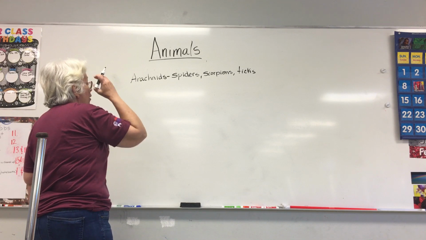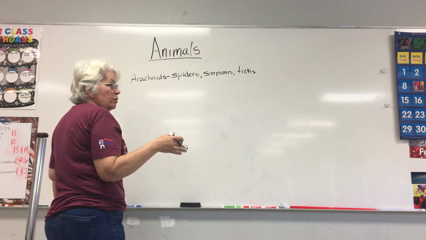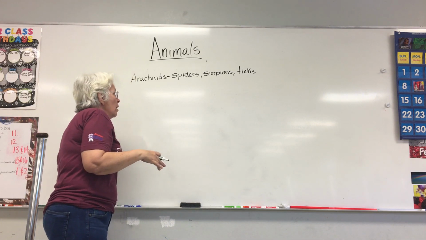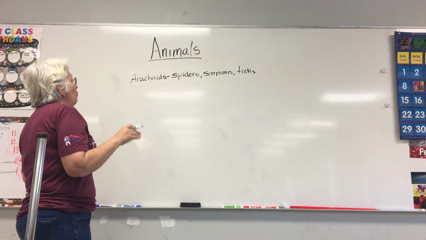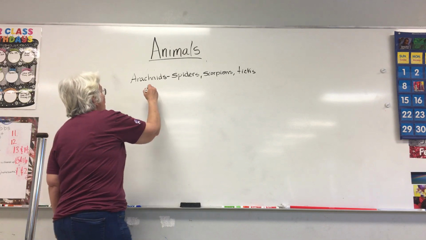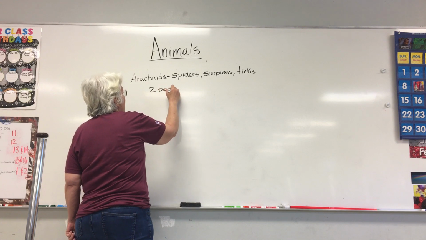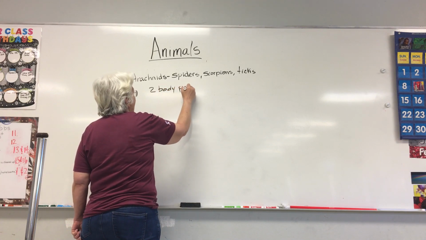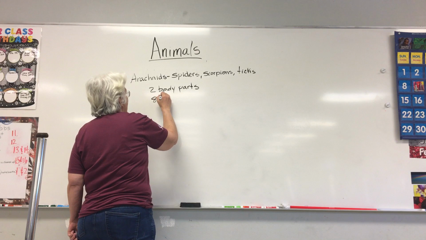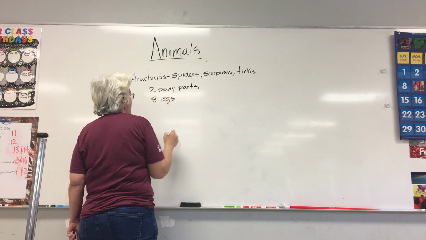It's also an arachnid. And you remember we talked about insects having 3 body parts and 6 legs. Well, in arachnid, you have 2 body parts, and you have 8 legs or 4 pairs, okay?